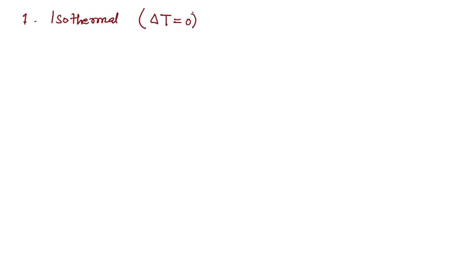It means both points in the system have the same temperature. If delta T is zero, then delta Q will be delta W, because your internal energy is a function of temperature for ideal gases. For real gases, this internal energy may also depend on some different functions.